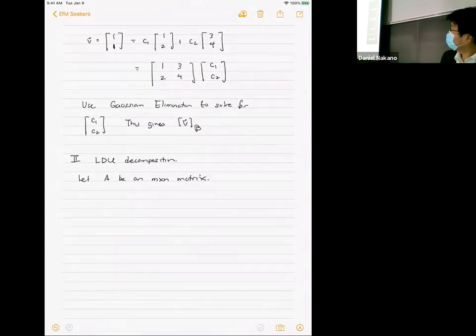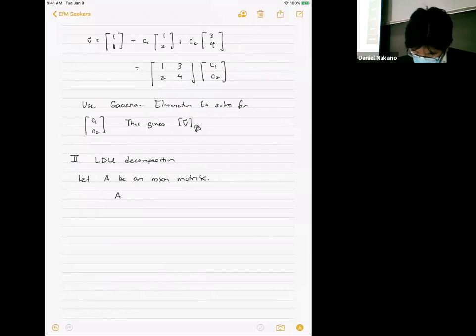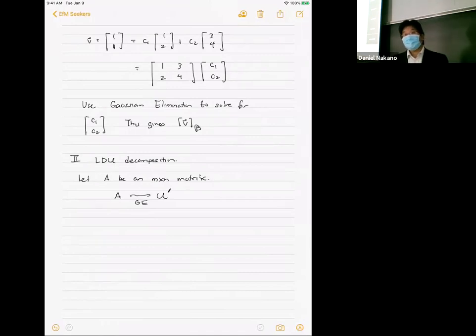All right, so the point is that we can write A, and then we can move it to upper echelon form, what we call U prime, using Gaussian elimination. Sometimes we actually need row exchanges and sometimes we don't.